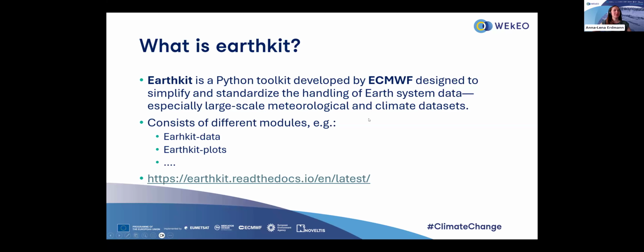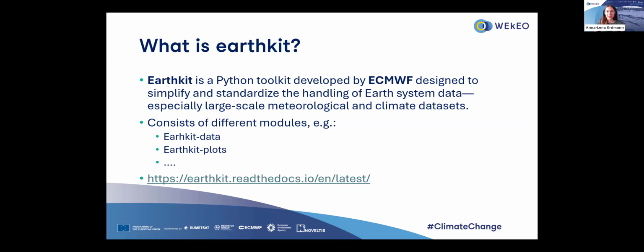So Earthkit in general is a Python toolkit developed by ECMWF, and it's designed to simplify and standardize the handling of Earth system data. So especially large-scale meteorological data or climate data sets, but it can also be applied to any other kind of data, for example, satellite data or land data.